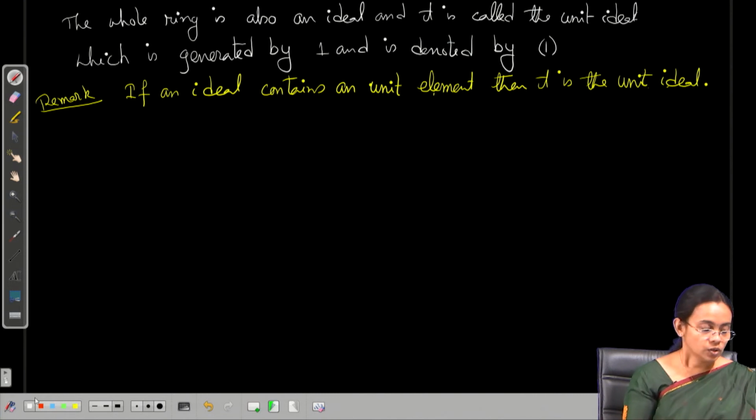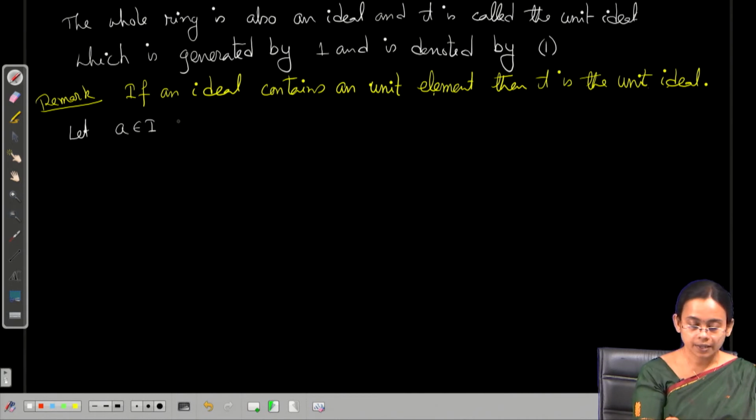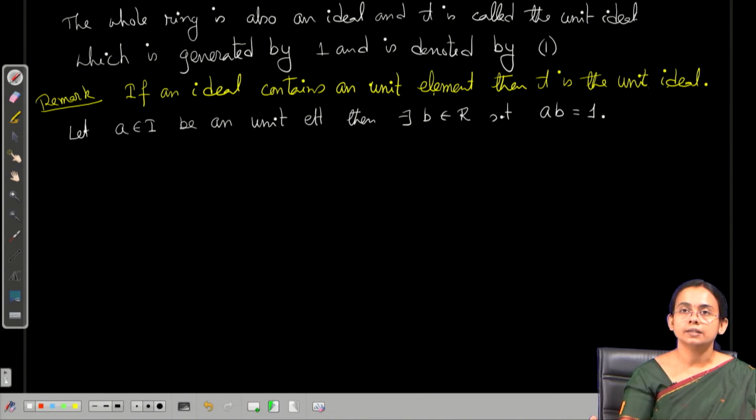Why is that? So, let A be any element in this ideal I, and A be a unit element. Then there exists some element B in R such that if I multiply A with B, then I will get the identity element.